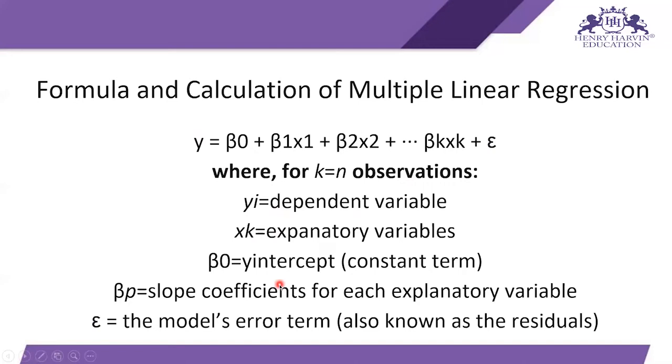Beta 0 is the y-intercept, the constant term. Beta 1, beta 2, up to beta k are the slope coefficients for each explanatory variable. Epsilon is the model's error term, also known as the residuals, and sometimes it is considered zero because its value is very, very small. That's how you calculate multiple regression.